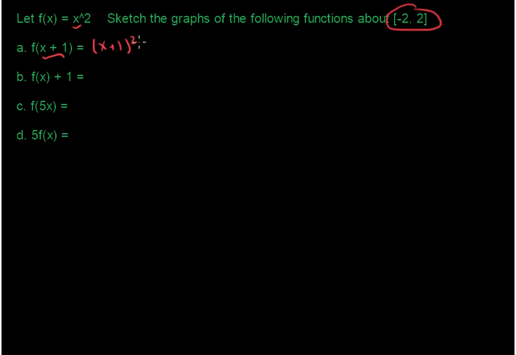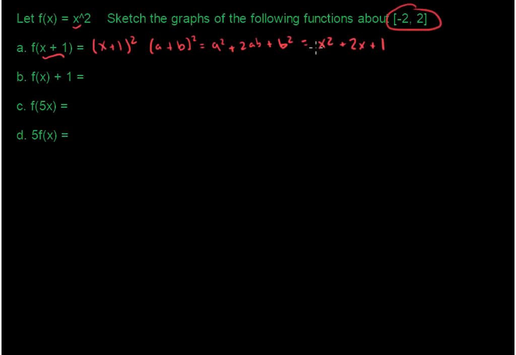And if we expand this, anytime you have a binomial squared, like (a plus b) squared, that equals a squared plus 2ab plus b squared. So in this case, (x plus 1) squared is going to equal x squared plus 2x plus just 1.